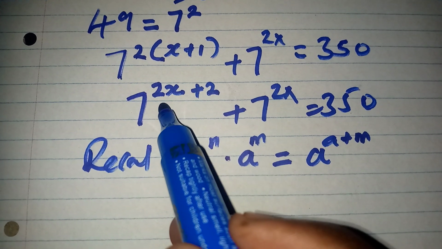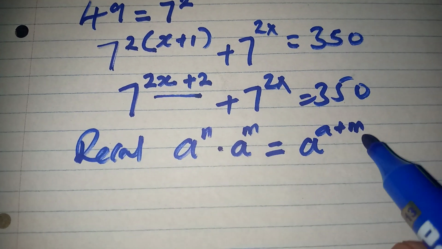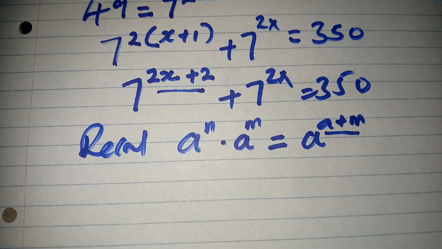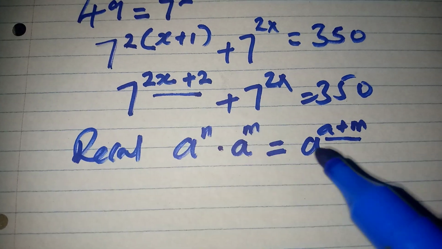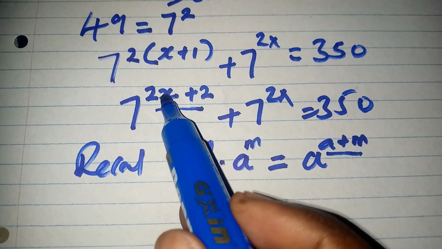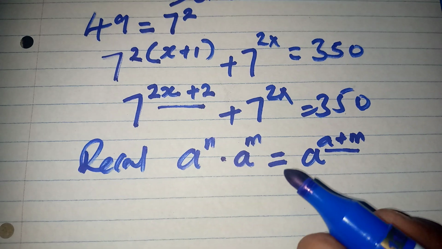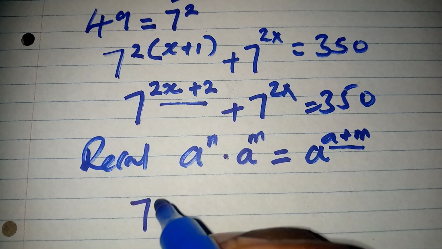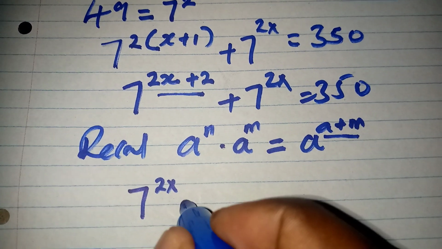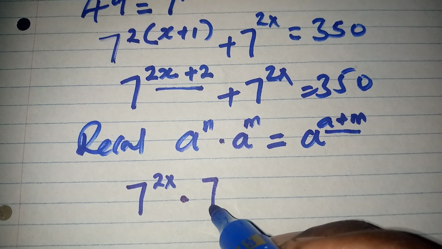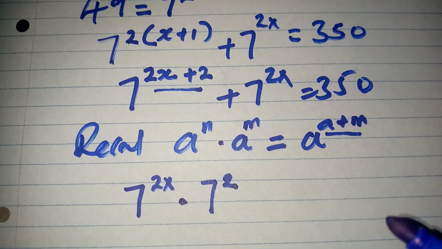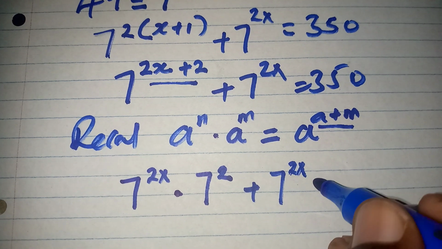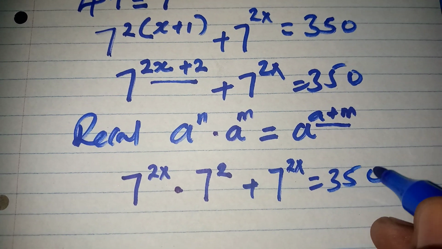The powers are being added here. So by separation, I'm going to write 7 raised to power 2x plus 2 as 7 raised to power 2x multiplied by 7 raised to power 2, plus 7 raised to power 2x, is equal to 350.